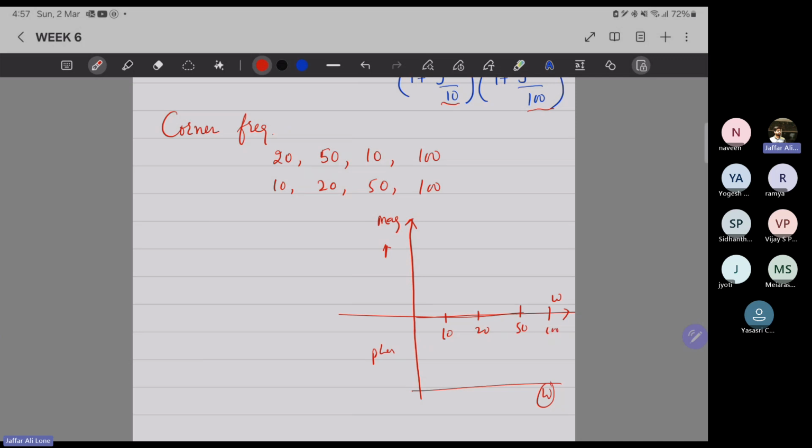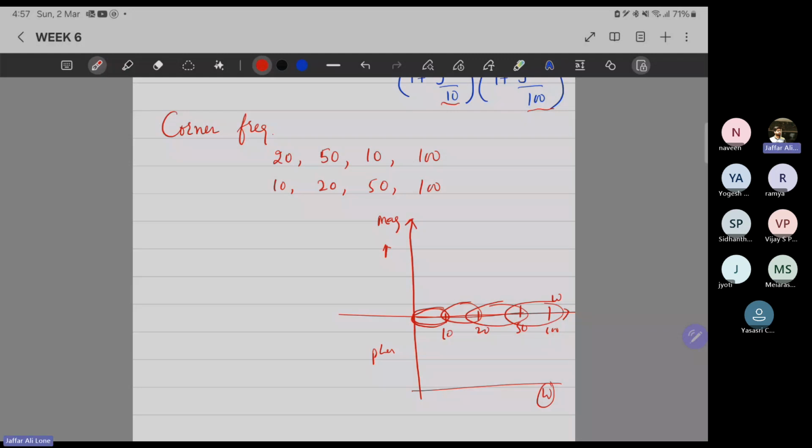So these corner frequencies are the frequencies where my slope will be changing. So the first region you will be covering is this region. So you'll take omega less than 10, then you will take omega 10 to 20, 20 to 50, and 50 to 100. Why? Because the slope only changes when you are at these corner frequencies. Otherwise, the slope remains constant, right?